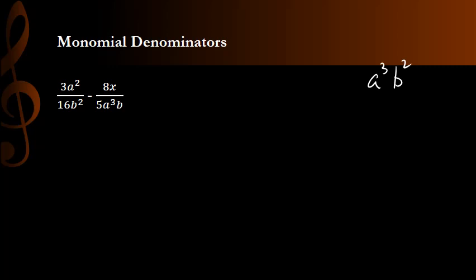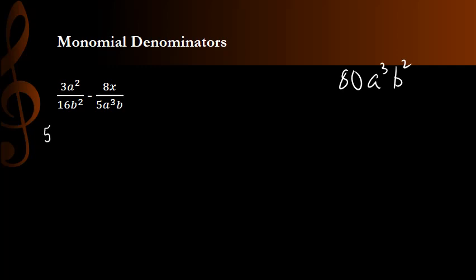And 16 times 5, let's see, 5 times 6 is 30. Got 0, carry 3. 5 times 1 is 5. Add 3, and it's 80a cubed b squared. Now, on the left side, this 16b squared, what have I got to do to get it to 80a cubed b squared? Well, I'm going to have to multiply that by 5a cubed.